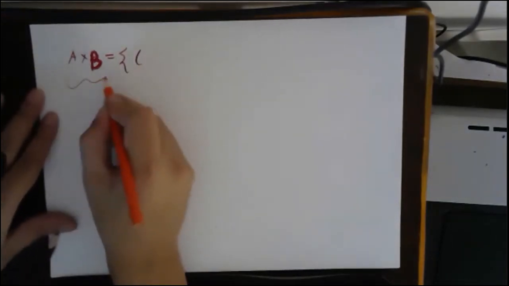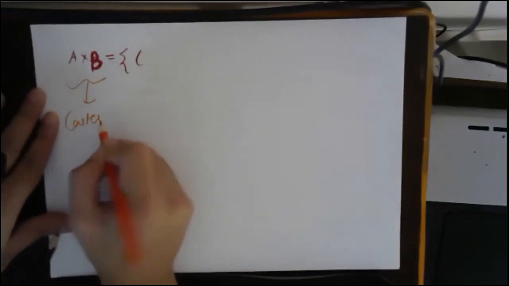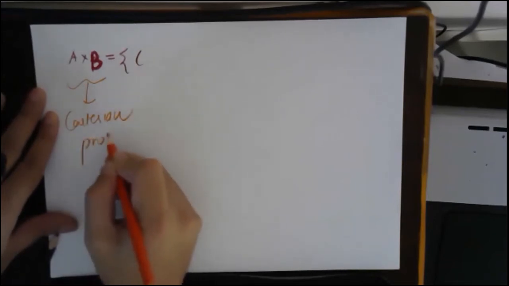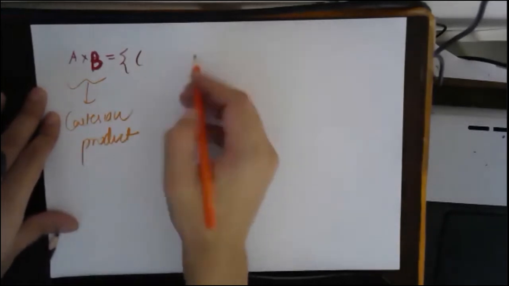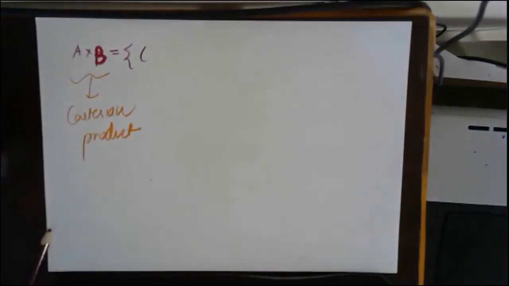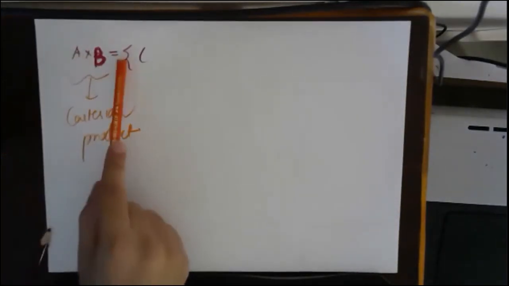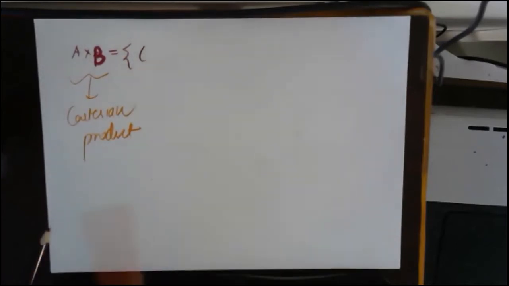So the elements of the Cartesian product will be in the form of ordered pairs.